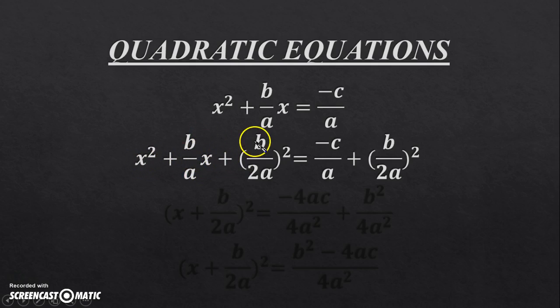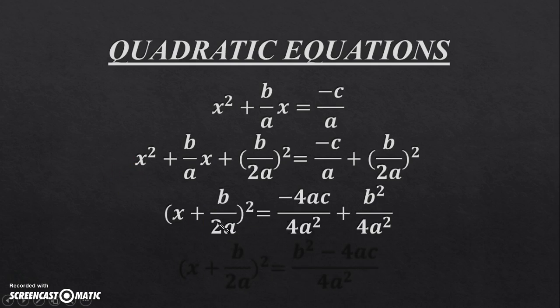Over here we're going to have x squared plus b over a times x plus, and we're going to keep this just as it is, but if you notice, this can all be turned into this, because this times itself, which is a square over here, equals this.